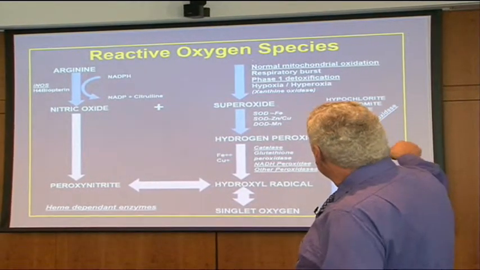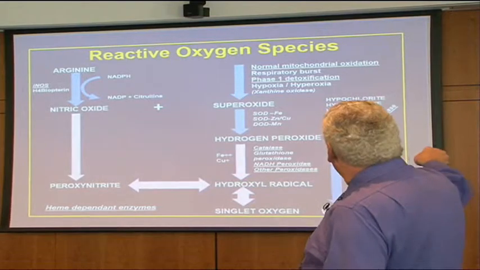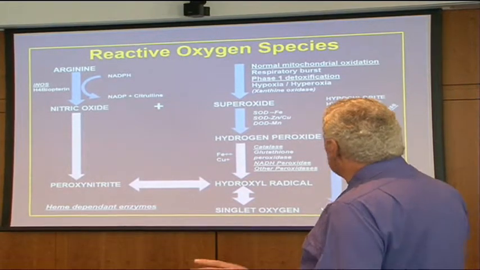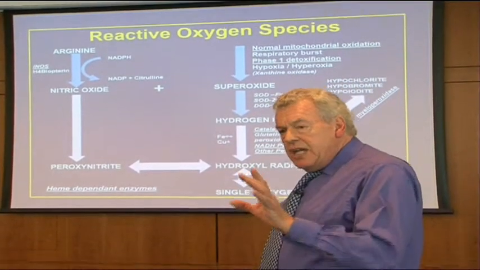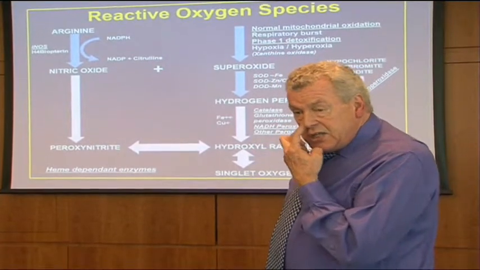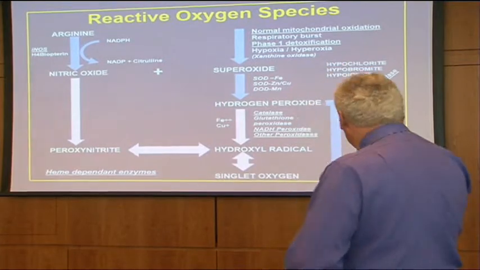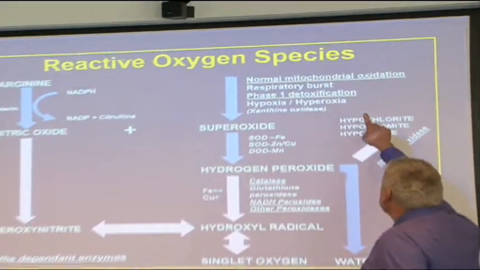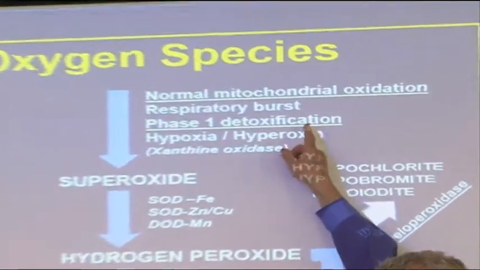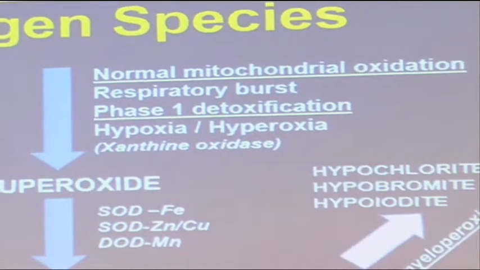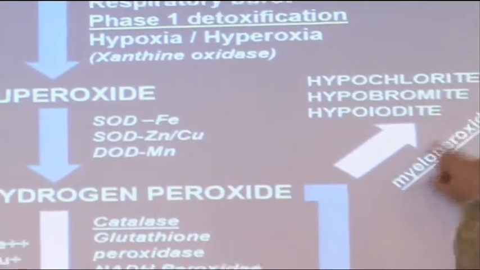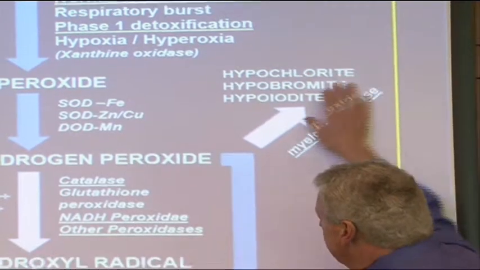All the enzymes which are underlined: normal mitochondrial oxidation. This occurs in the mitochondria, and we'll see this needs CoQ10, but it needs cytochrome C, was the other carrier molecule. Phase 1 detoxification. These are called cytochrome P450s, which I'm sure you're all familiar with. Myeloperoxidase, in order to kill bugs.